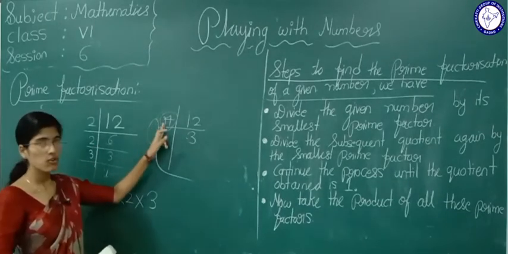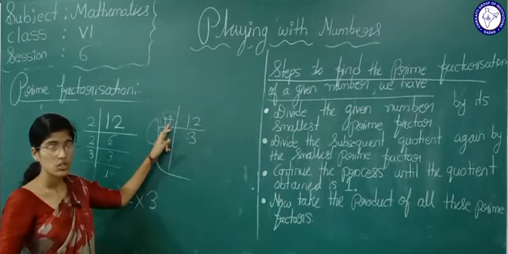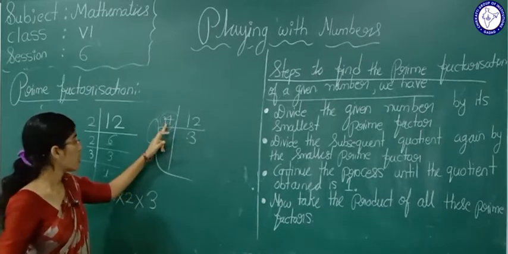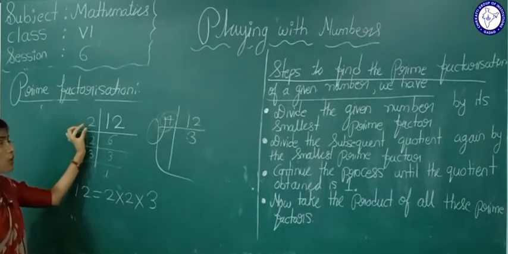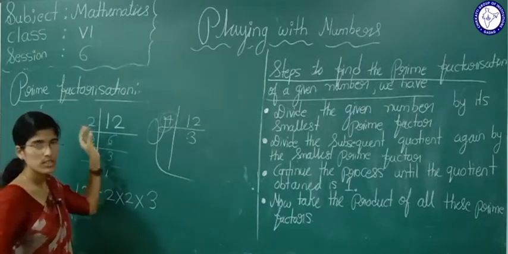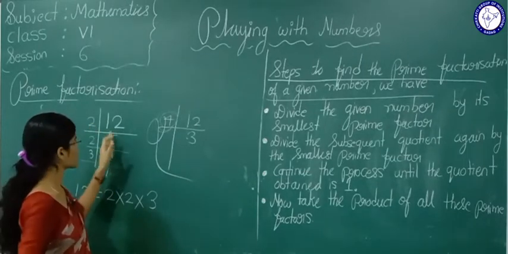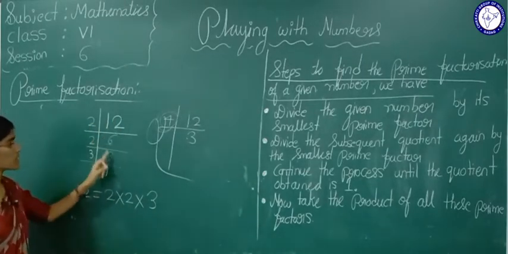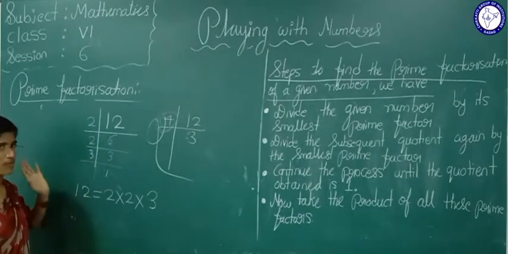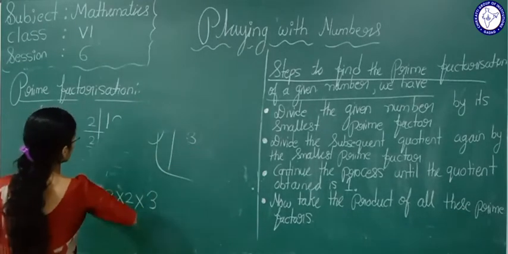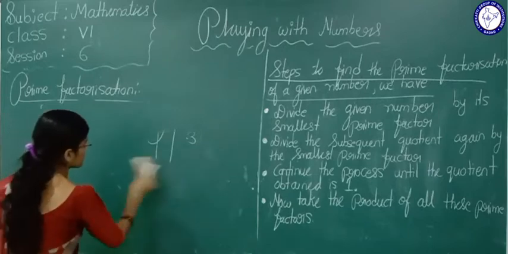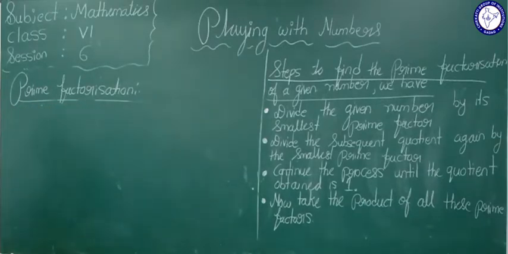No. We have to divide by the smallest prime factor. 2 is the smallest prime factor. 2 6s are 12. 2 3s are 6. 3 1s are 3. Based on this we are going to solve the problems.